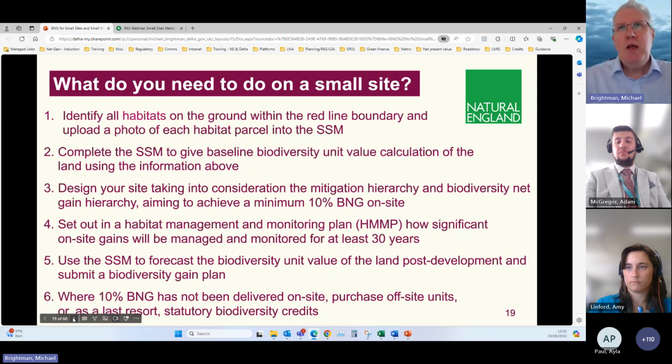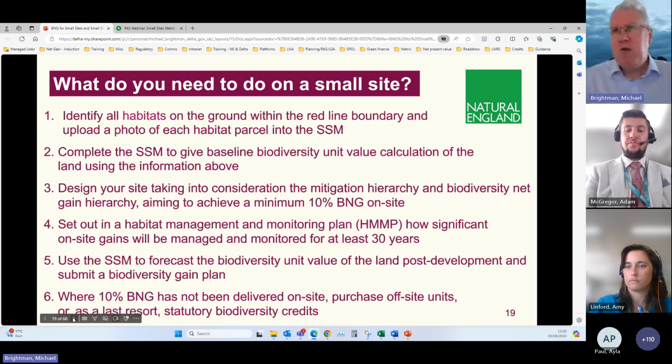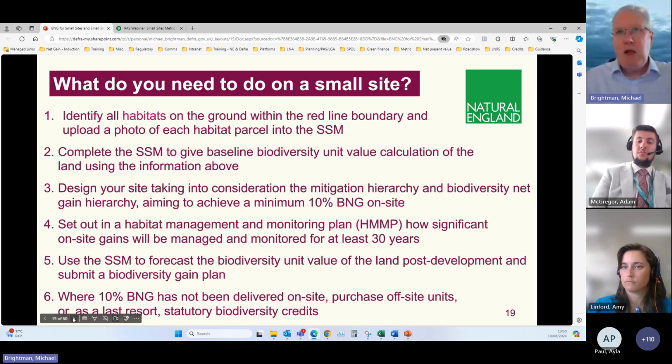Then they design their site, taking into consideration both the mitigation hierarchy and the biodiversity net gain hierarchy, where the aim should be to achieve a minimum 10% biodiversity net gain on site. They also need to set out in a habitat management and monitoring plan how any significant on-site gains will be managed and monitored for at least 30 years.